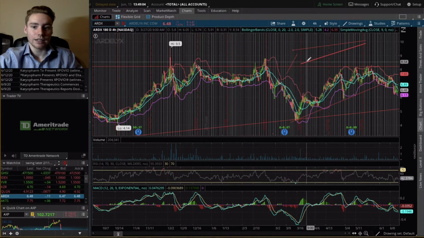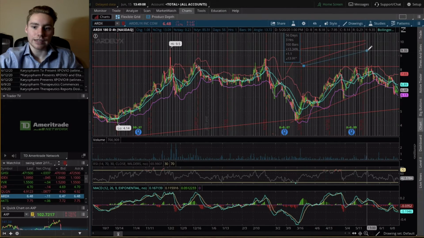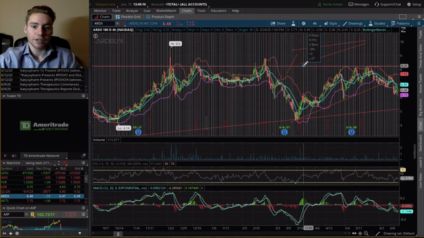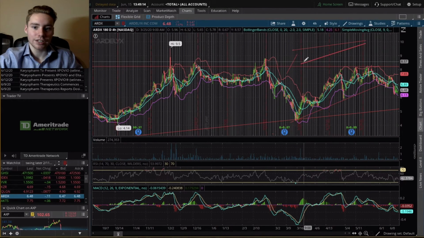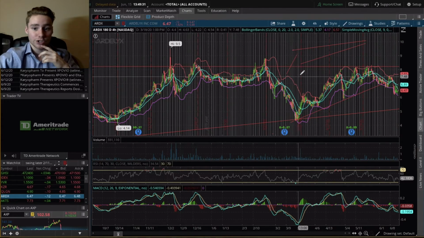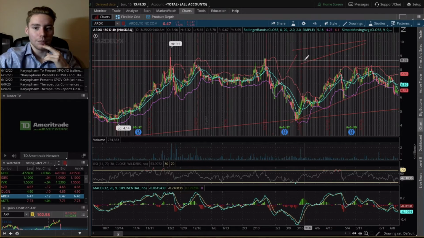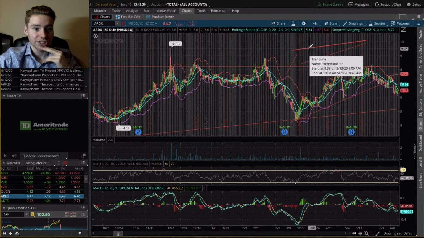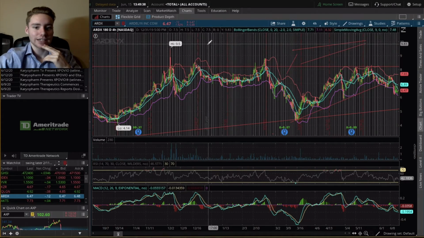But it is not a channel. A channel would be something like that, where the two lines are parallel. A wedge is when these two lines are both going in the same direction. However, one has a much greater slope than the resistance. And it's the exact same thing with falling wedges.